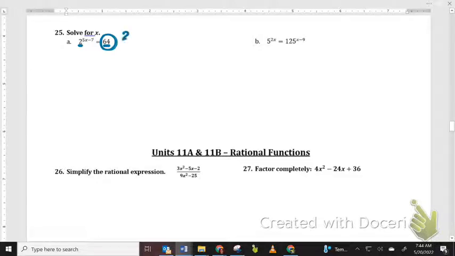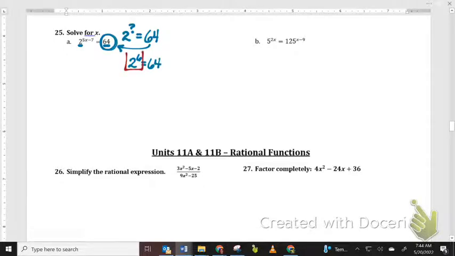So the smaller one is 2. 2 to what power would give me this number 64? Because this is where I'm going to make my replacement. 2 to what power is 64? You said 2 to the... Is it 5th? I thought it was 6th. 6th? Okay, yeah. Good guess. 2 to the 6th equals 64.